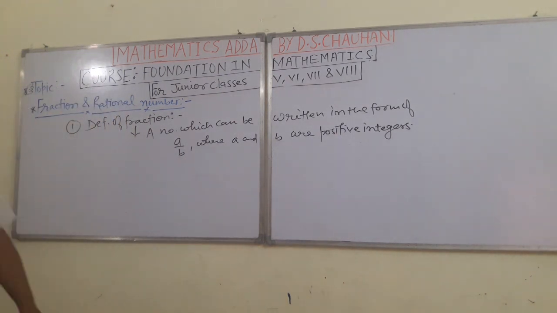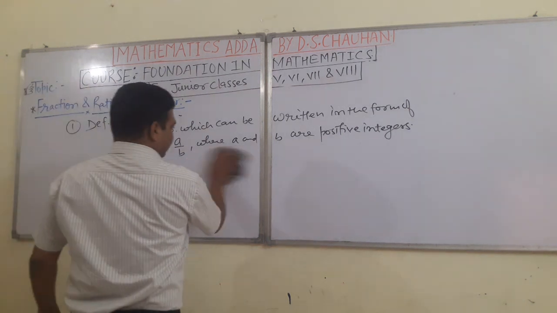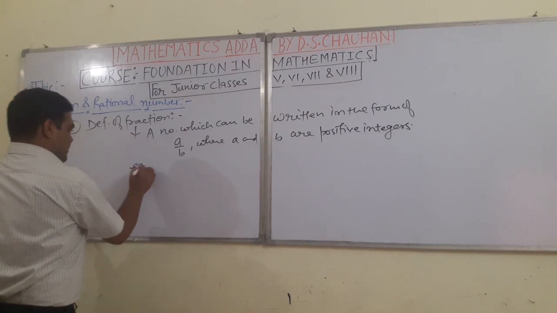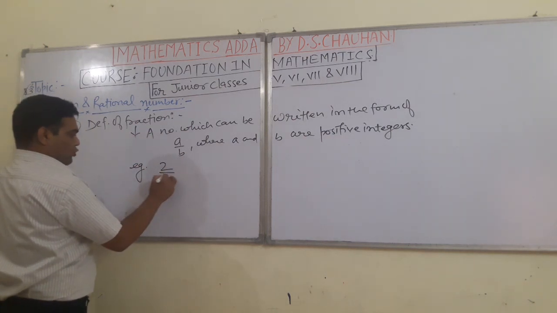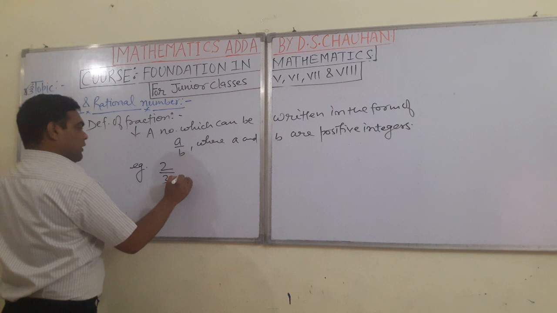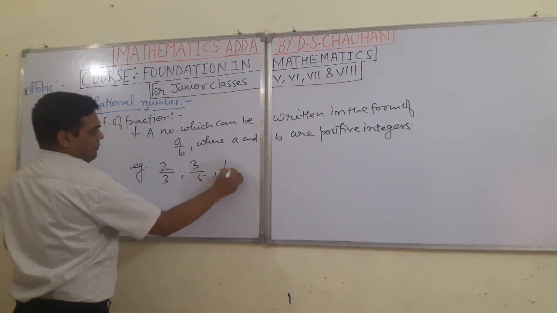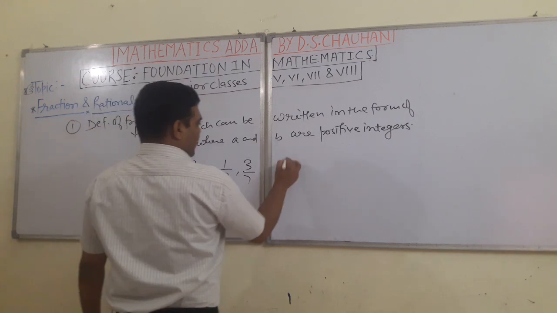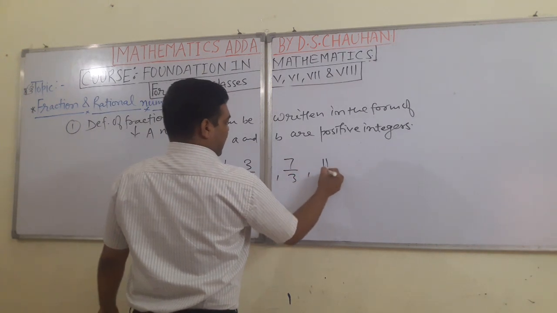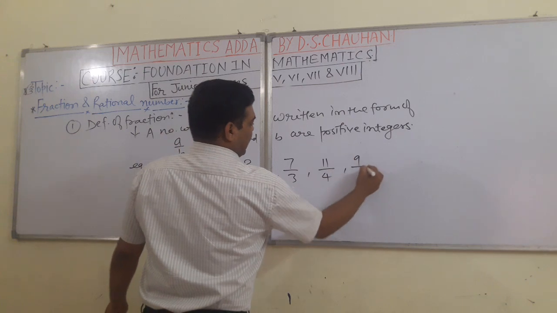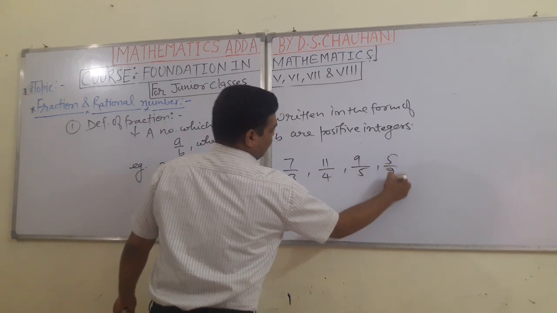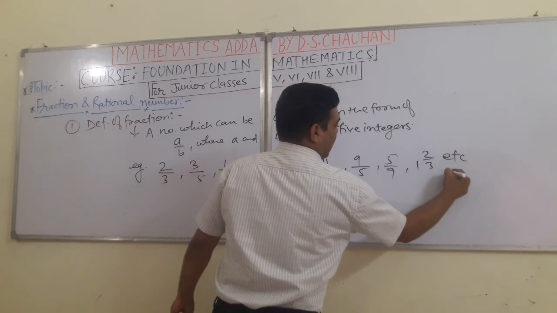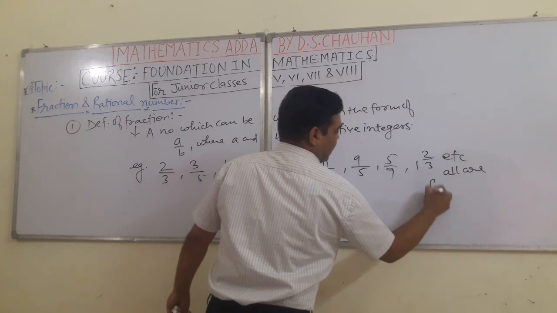Well, students, now you try to understand easily. For example, look here: 2 by 3, 3 by 5, 1 by 2, 3 by 7, 7 by 3, 11 by 4, 9 by 5, 5 by 9, 1 whole 2 by 3, etc. All are fractions.